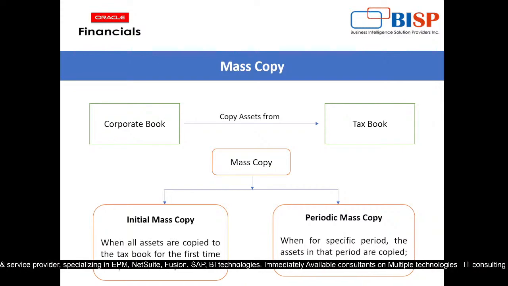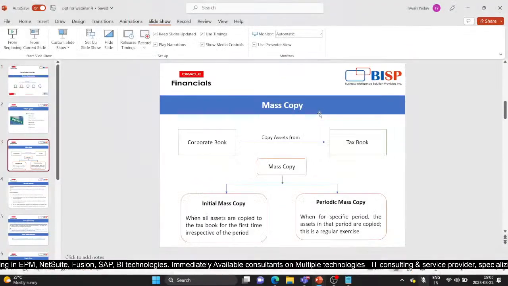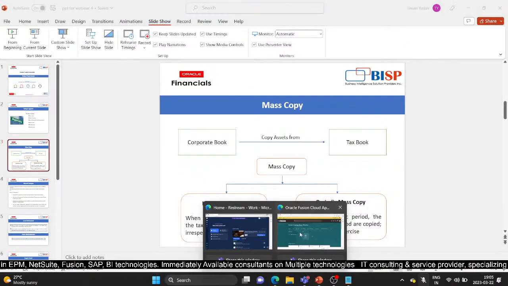Say in March, I have added 10 assets to my corporate book. Then I can run a process through which those assets that are relevant to a tax book will be added. So we will see in the instance how this is managed.